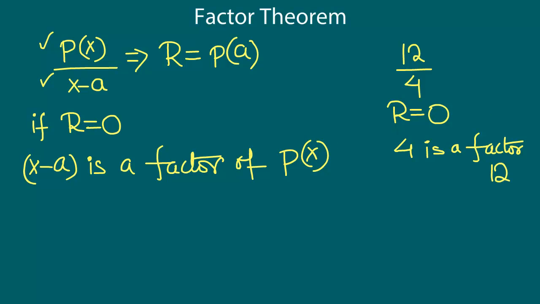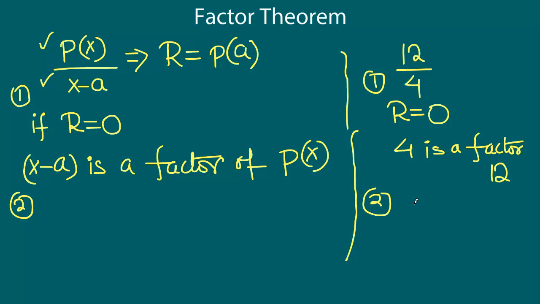Now, secondly, let's create a little bit of partition between our numerical example and the polynomial. Let's say it is given that a number, in this case 3, is a factor of 12.